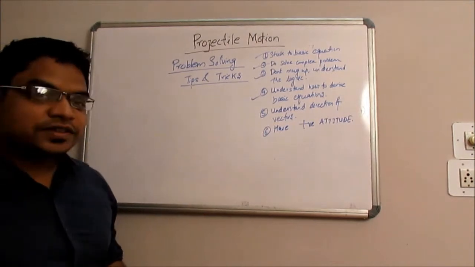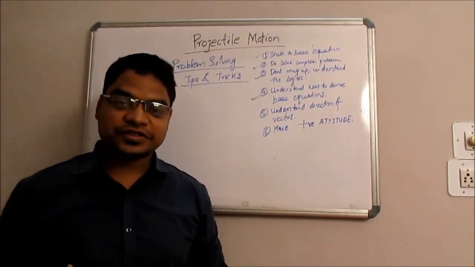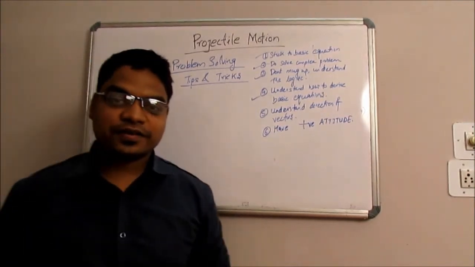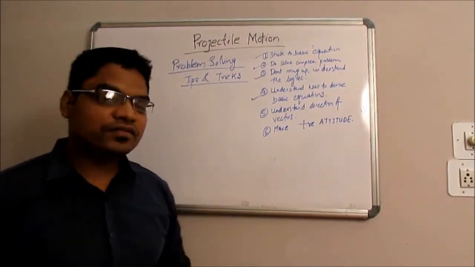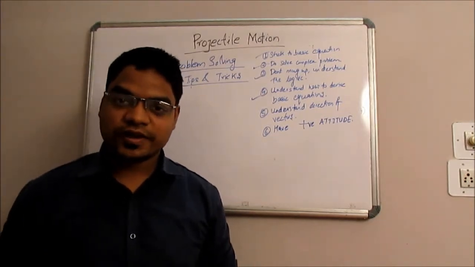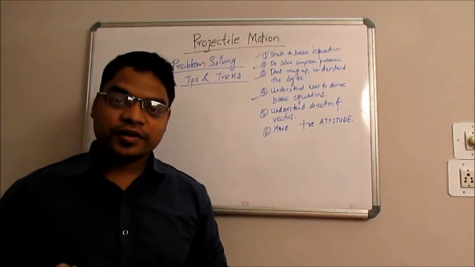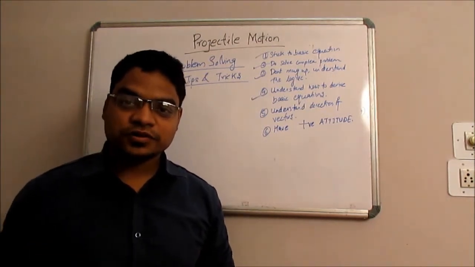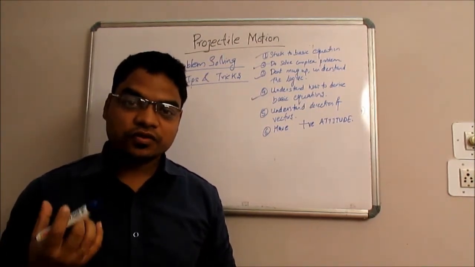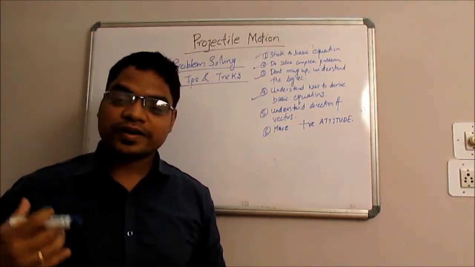And fourth is, understand how to derive the basic equations. So just now we have derived the basic equations for h, r, and the total time. It's very important to understand these equations, because you get lots of concepts, and it will also help you in solving the numerical problems.